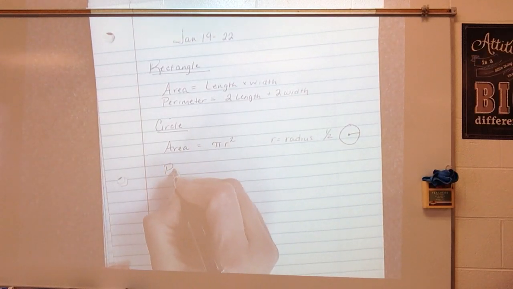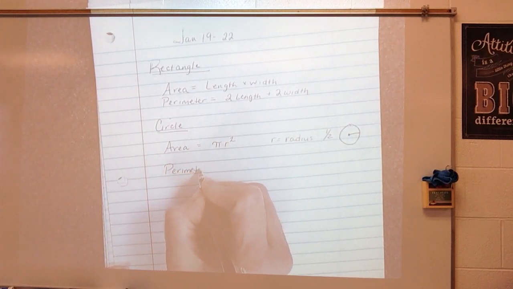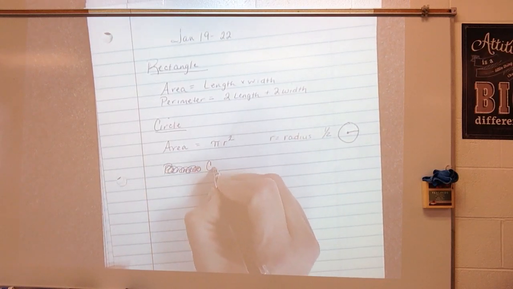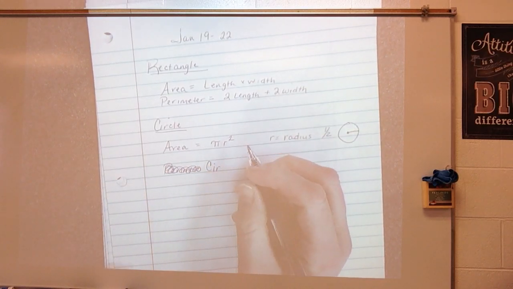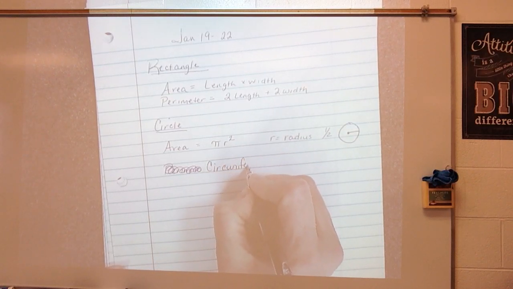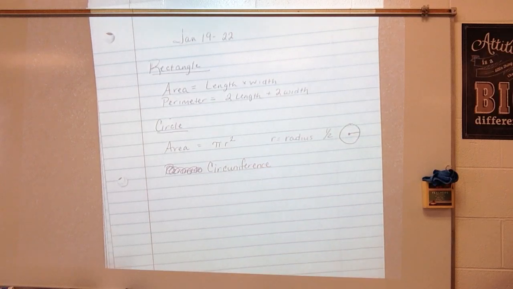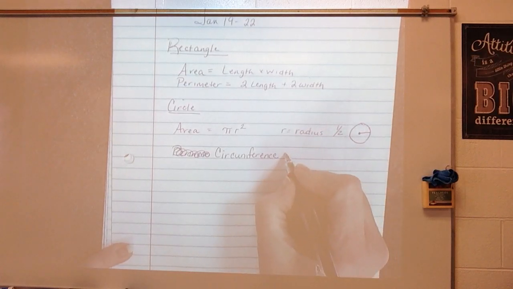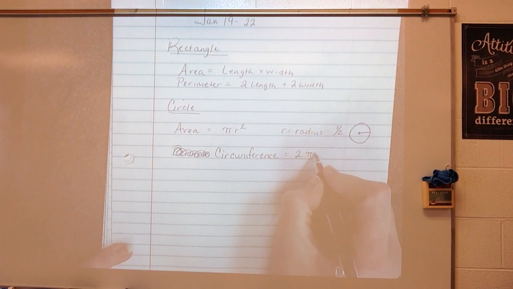To find the perimeter, actually we don't find the perimeter of a circle, we find the circumference, which is the same principle. It's the distance around the circle, and it is 2 pi r.